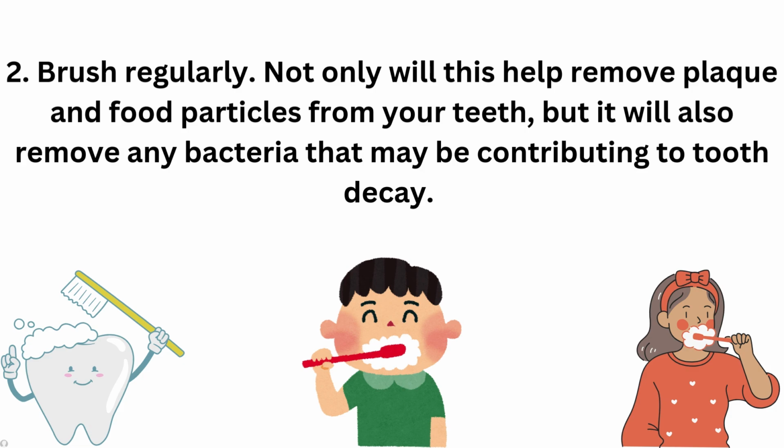Number 2, you need to brush regularly, twice per day, after breakfast and before you sleep. Not only will this help remove the plaque and food particles from your teeth, but it will also help to remove any bacteria that may be contributing to the tooth decay or caries.